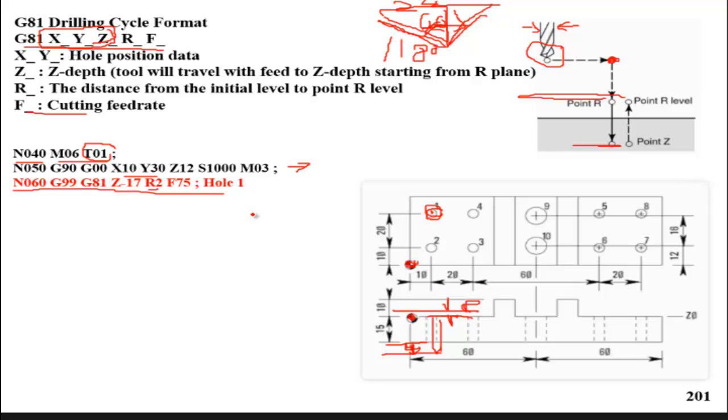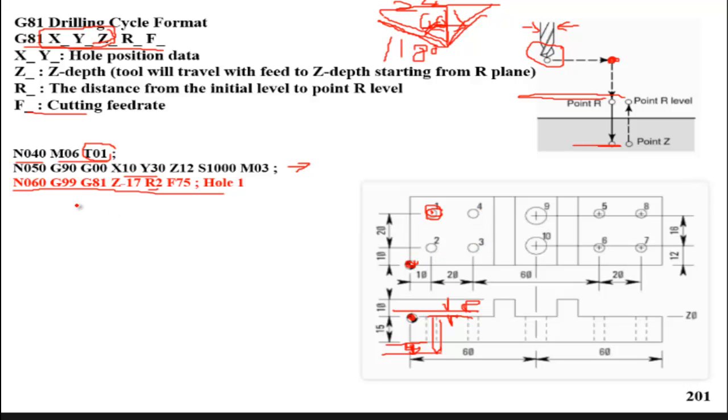It will stay active. So we just update the position. When we update the position to position number 2, it will repeat the same cycle with the same configuration at hole number 2, and number 3, and number 4 and so on.